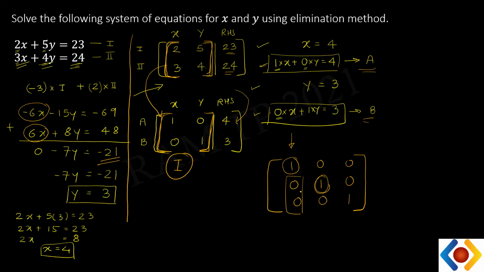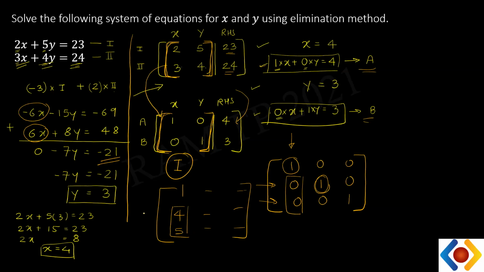Because when you are going to transform this row and this row, what are you going to do? Let's assume in this original matrix, forget about whatever elements are there. Let's say you have 4 here and you have 5 here. So what are you going to do to make this 0?